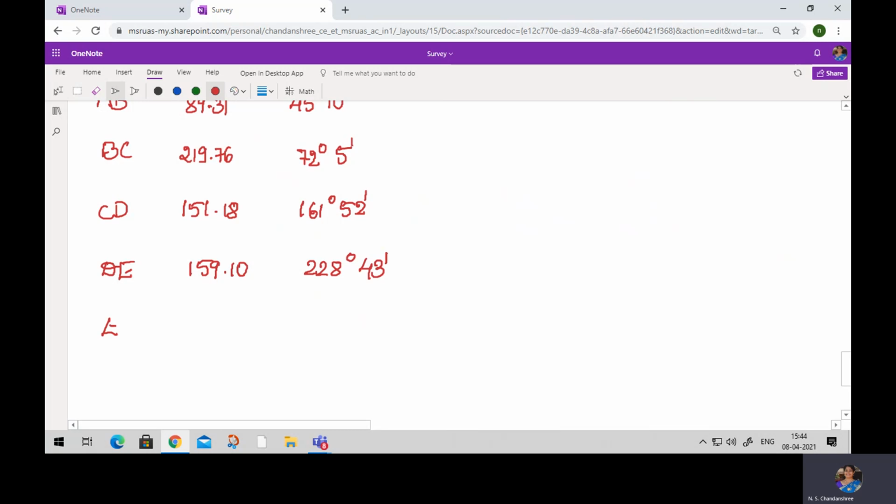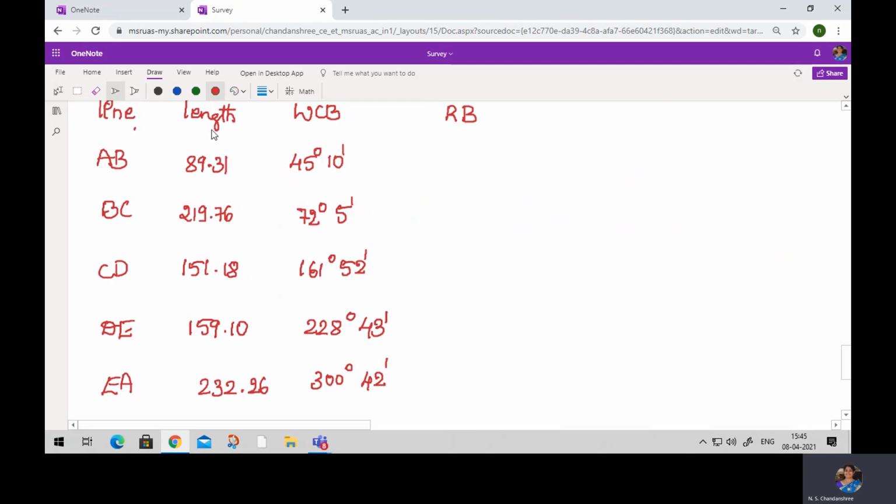Next is EA, the last line. The length of the line is 232.26 meters and the bearing is 300 degrees 42 minutes. Now this is the question that is given to us.